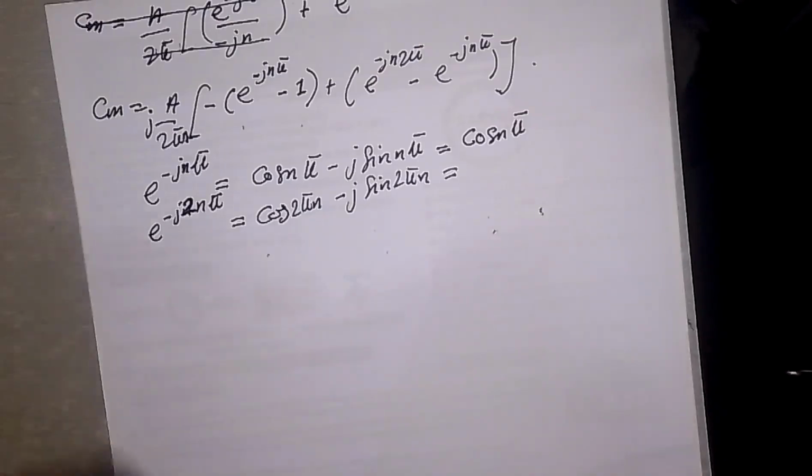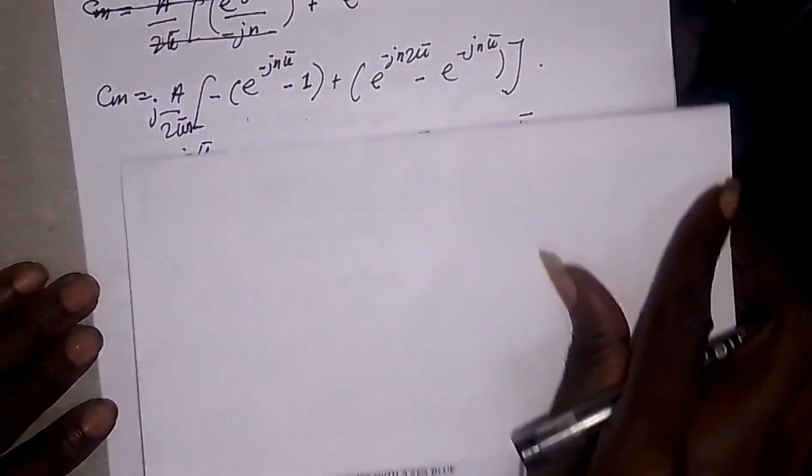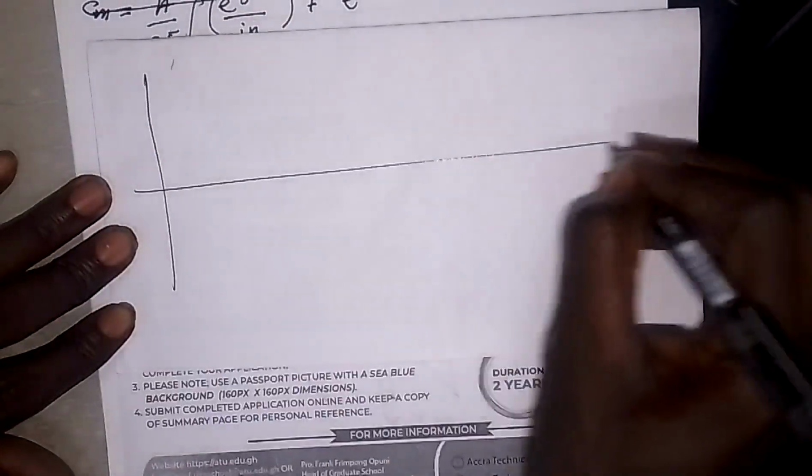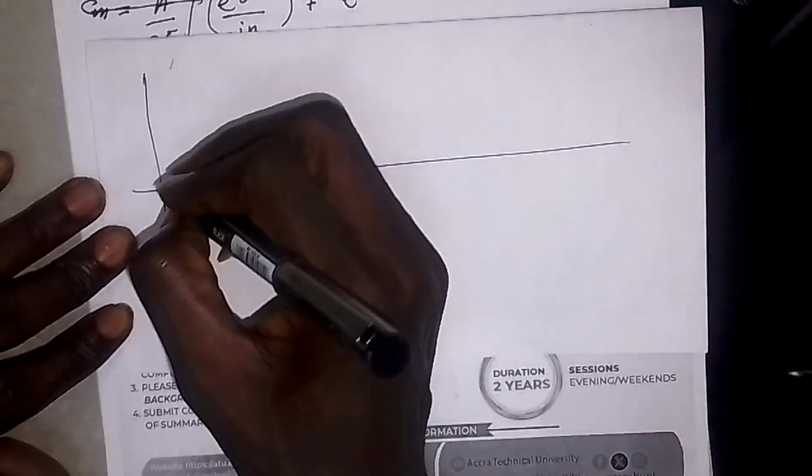Okay, so now this is our cos wave. The cos wave is always like this.